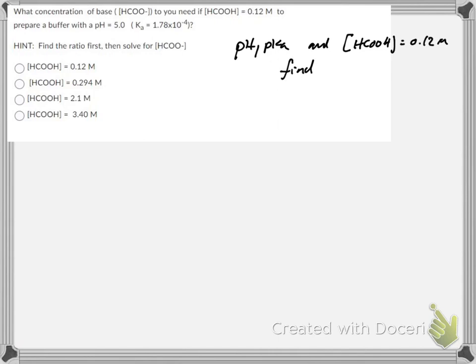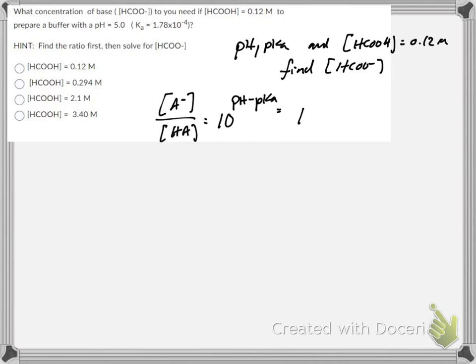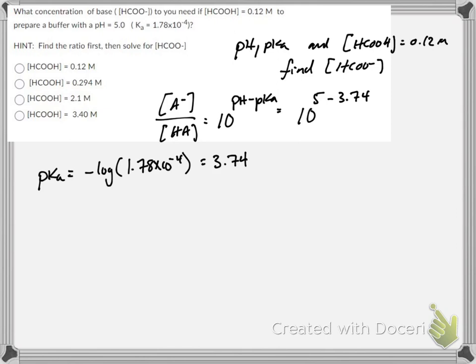All right, so let's take a look at how we would set this up. Since we're dealing with the ratio, we would be using the 10 to the pH minus pKa version. In this case, we need pKa, so let's take the minus log of the Ka given, and we see it's 3.74. So we put 3.74 in, and we see that the ratio of A minus to HA has to be 17.8.